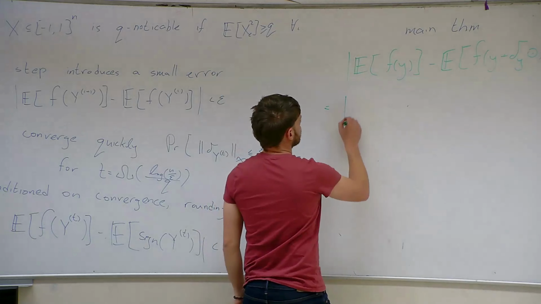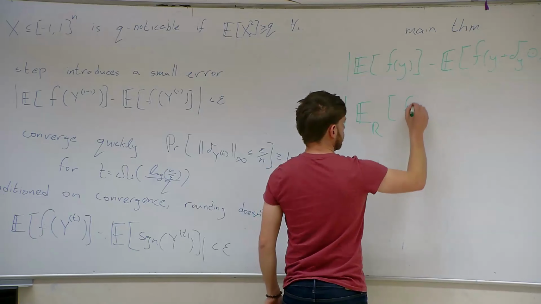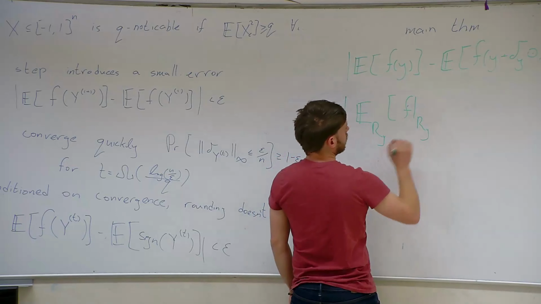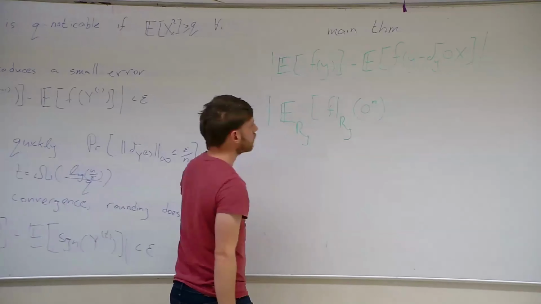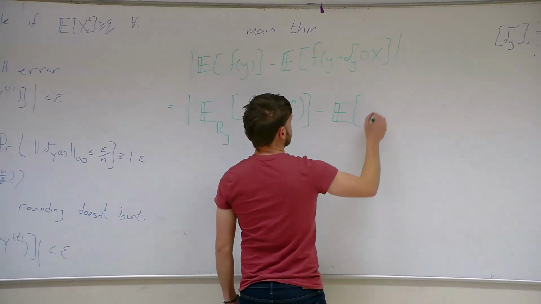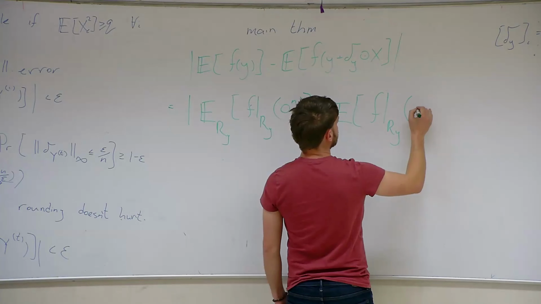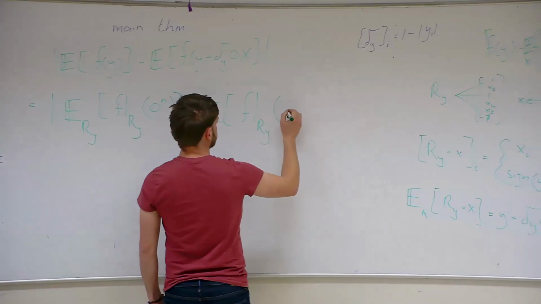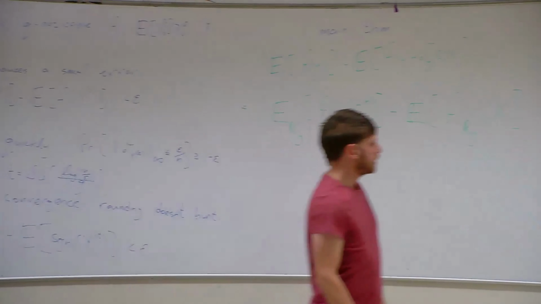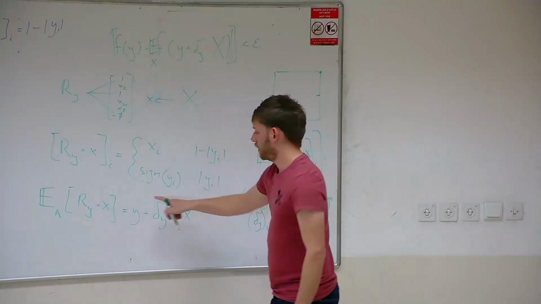But this is the same as the expectation over r of f of the restriction applied to 0 to the n, minus the expectation of f of the restriction applied to x, because randomly restricting is the same as taking this.